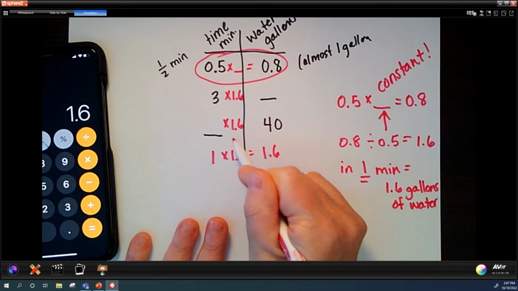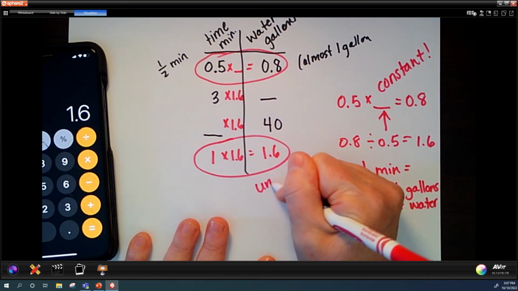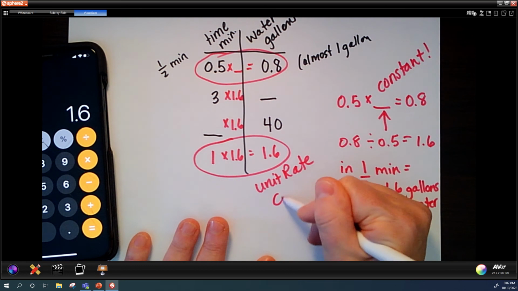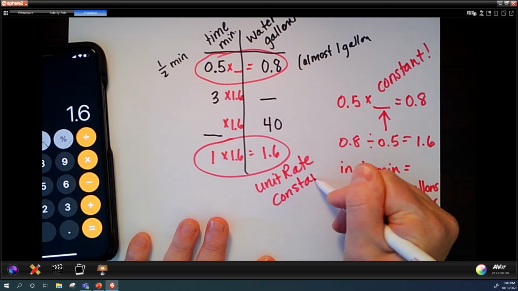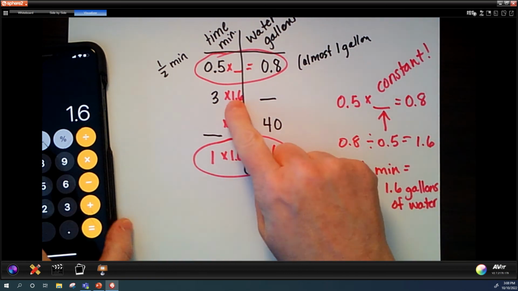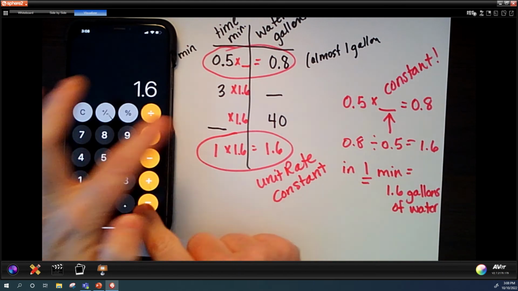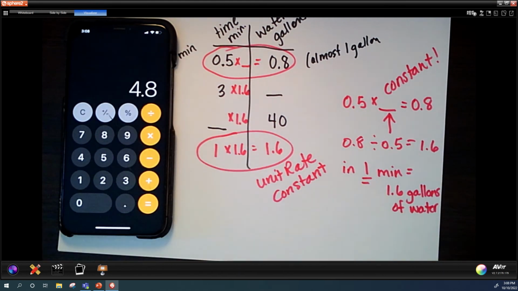It's kind of redundant, but this is the unit rate. It's also the constant. Okay, so let's do the math. 3 times 1.6. Bam, 4.8.